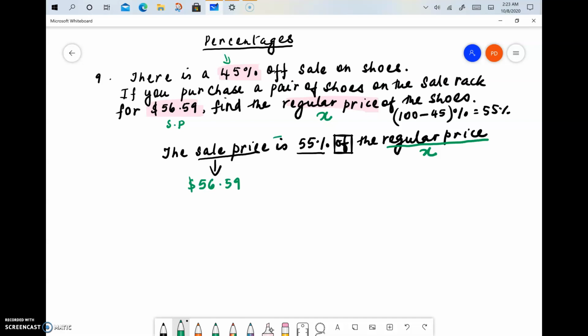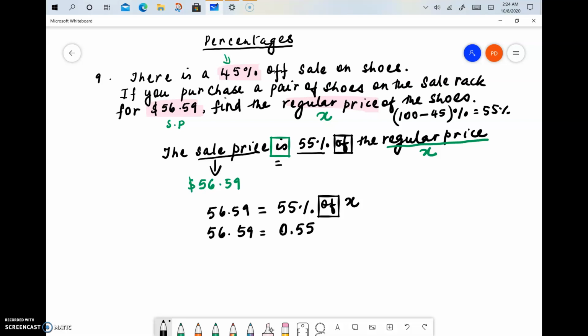So $56.59 is equal to 55% off the regular price X. The word off translates to multiplication. So 55% is 0.55 off, so times X. Now remember, we have to solve for X.